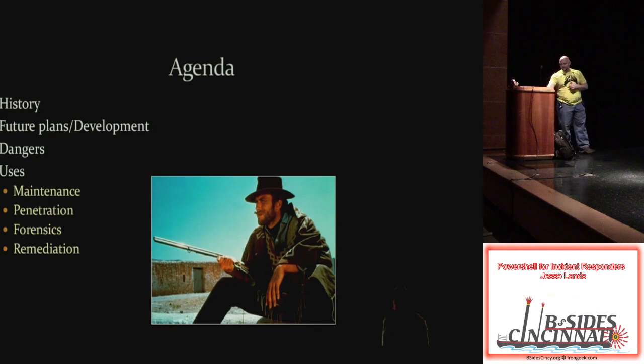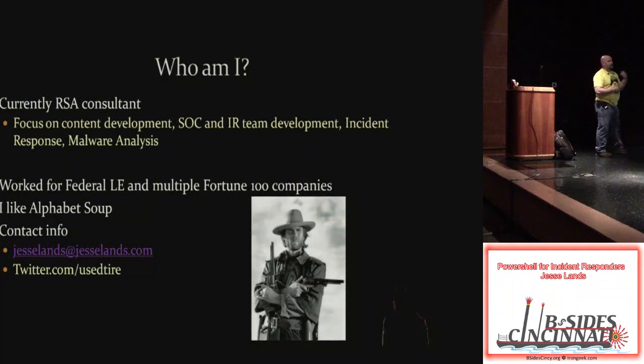So a little bit about myself. I work for RSA, in the professional services field. That basically means I'm technically supposed to do a lot of security analytics and ECAT work, installs, stuff like that.